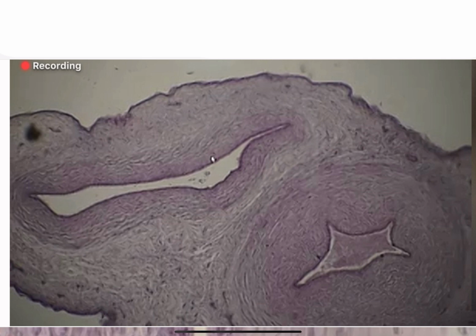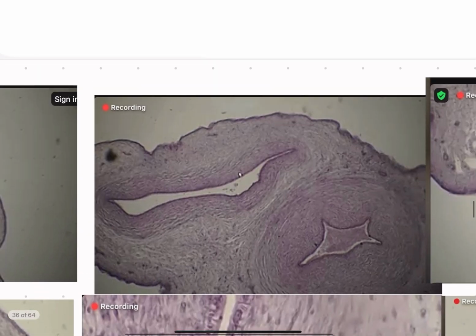So that's why we'll know that this is the vena umbilicalis, while this is the arteria umbilicalis. It's just that easy. So if you see a slide where you see like big blood vessels and barely anything else, you're definitely in the umbilical cord area.